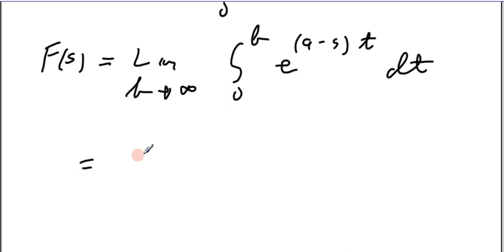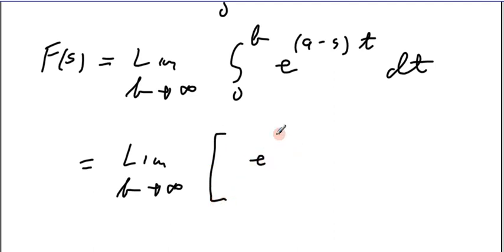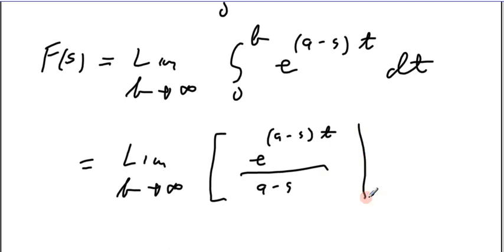And I've got limit b goes to infinity, and I've got e to the (a minus s)t divided by (a minus s), evaluated at 0 and b.